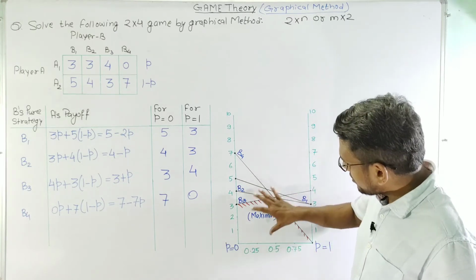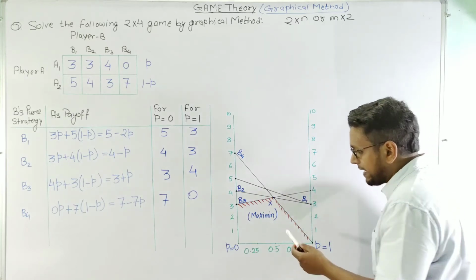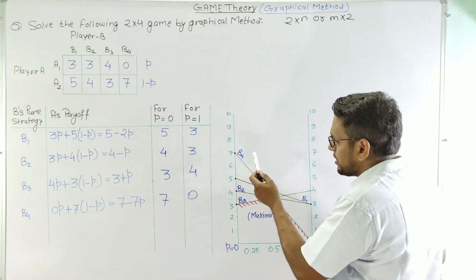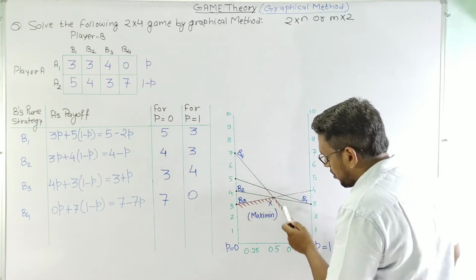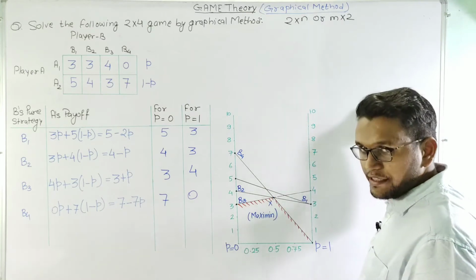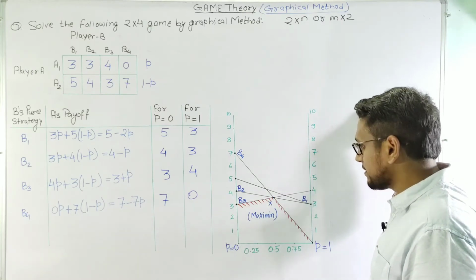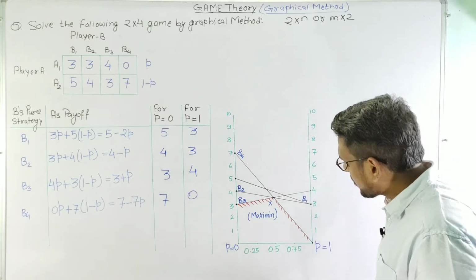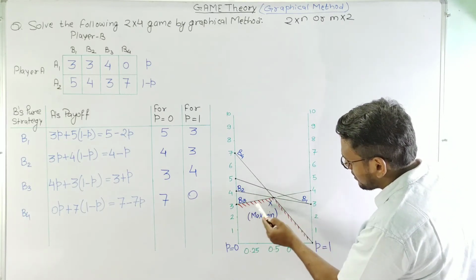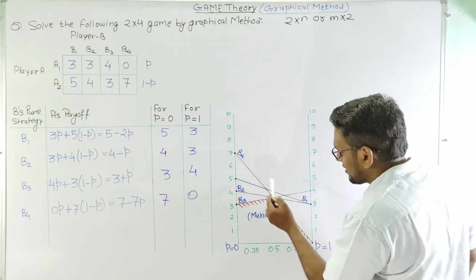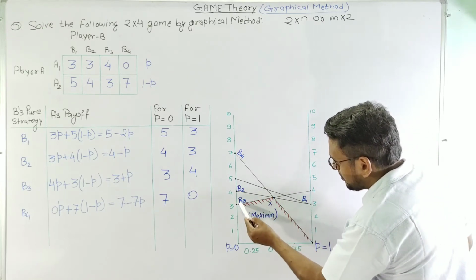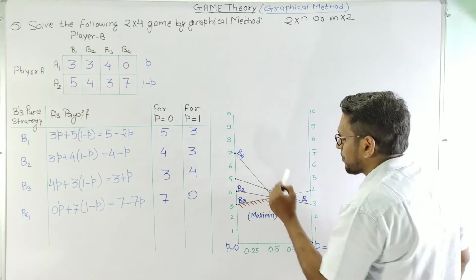Now what generally happens is, at the maxi-min or minimax point, generally only 2 strategies cross, and we can easily form a 2x2 matrix using those 2 strategies. Here in this problem we can see that at the maxi-min point there are 3 strategies crossing each other: strategy B2, strategy B3 and B4.